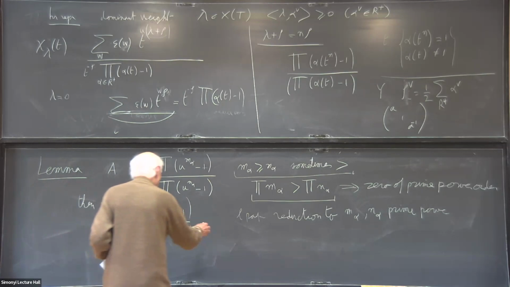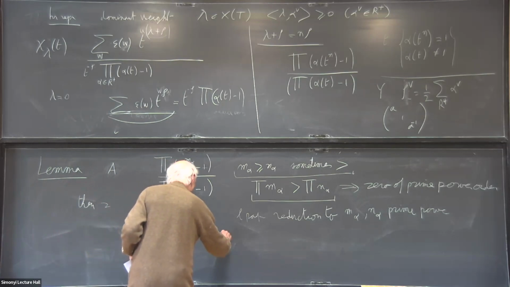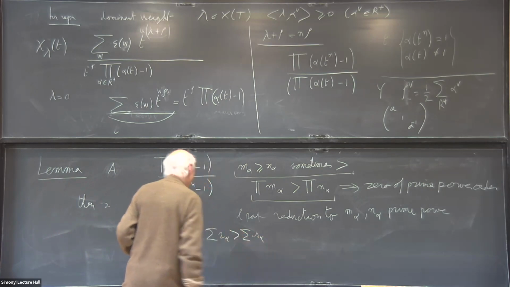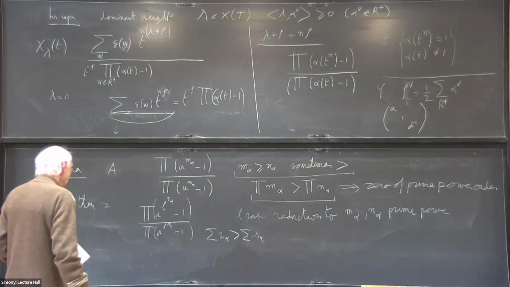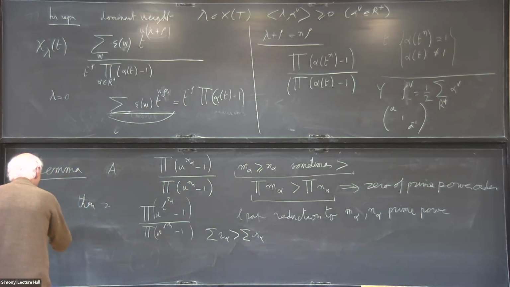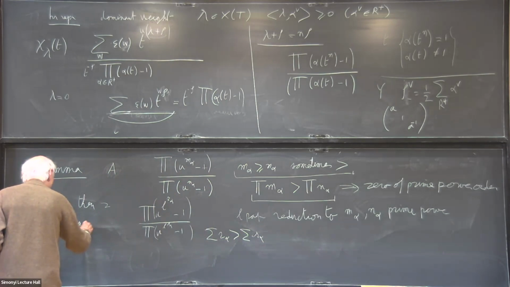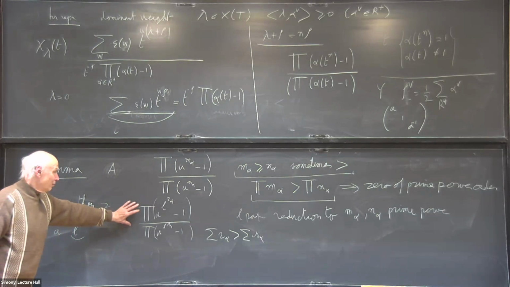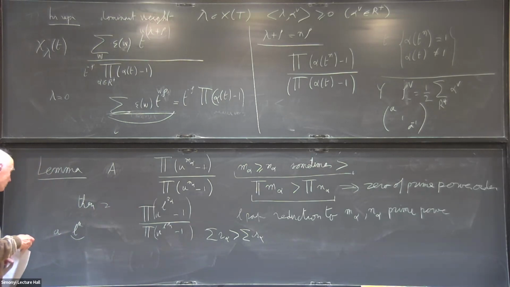What I know is that the sum of the r_alpha is bigger than the sum of the s_alpha. Now, suppose we wonder about some integer a and whether the primitive L-th roots of unity are zeros of this quantity.